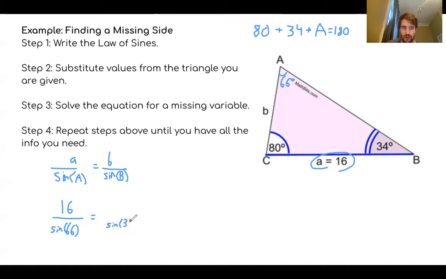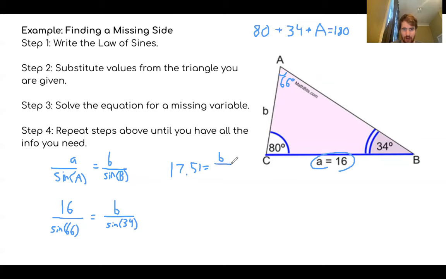Put in 16 divided by sine of 66 degrees. And I will do that as you do. And I got 17.51. So 17.51 equals b divided by, now put in sine of 34 degrees on the calculator.